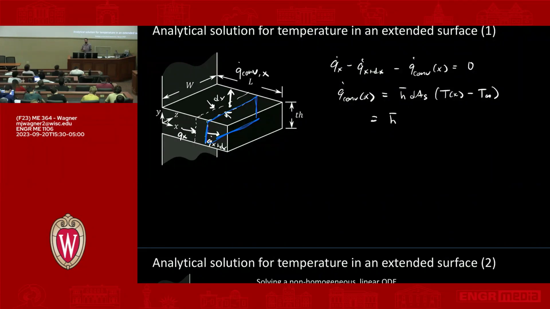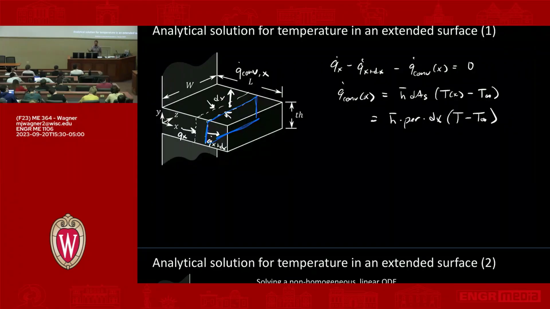That's the surface area that's exposed for that differential element. So let's write that out. So this would be perimeter times dx times, again, T minus T infinity. So just remember that T is a function of x. It's something we're trying to solve for. So that's our rate equation for convection.